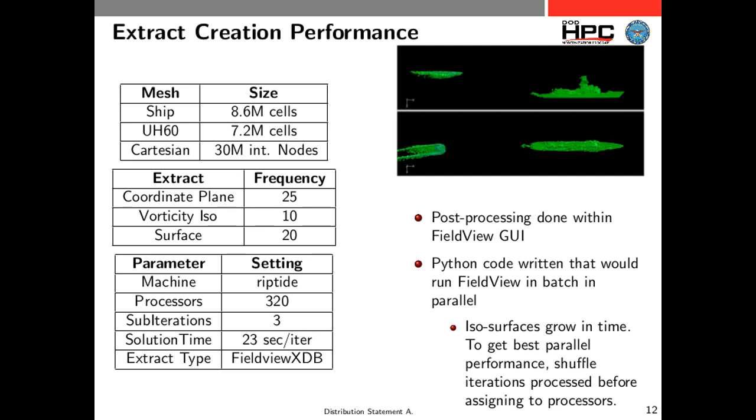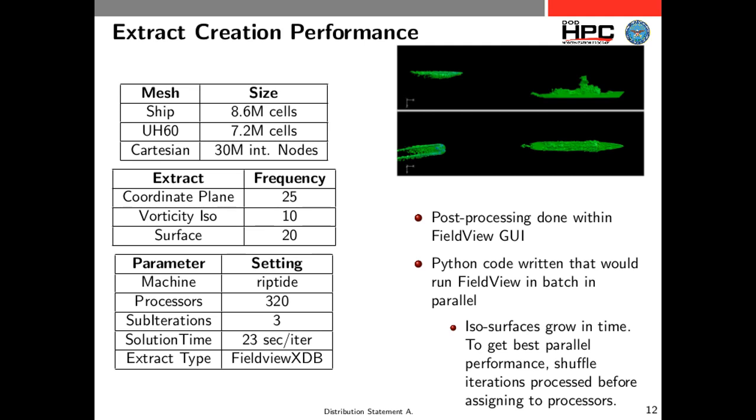The post-processing from now on that I'll show you is all done using FieldView's GUI, and I wrote Python code that would run FieldView in batch, in parallel, to process the data, because we had quite a few files.